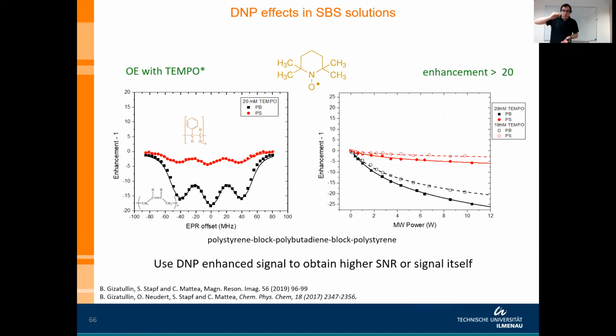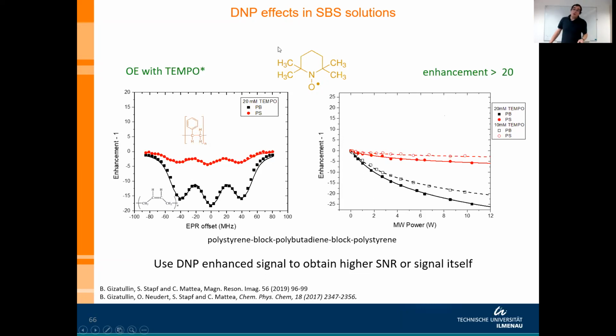You change the polarization field. You sweep the field in the EPR offset frequency here. Yeah, this is basically the magnetic field. And then you obtain these enhanced curves here, basically the DNP spectra. And we can see that in the radical, you can distinguish the signal of the PB and the PS.